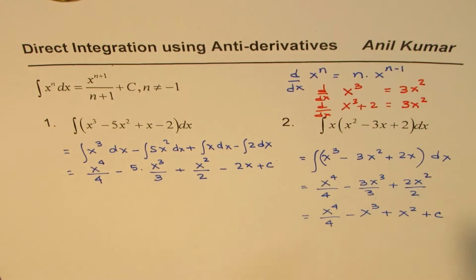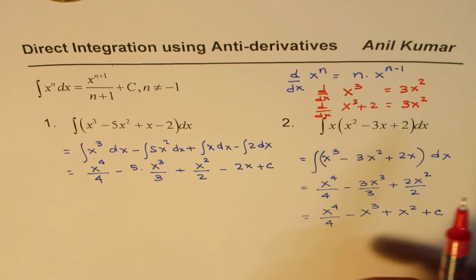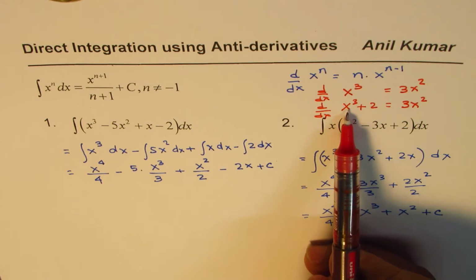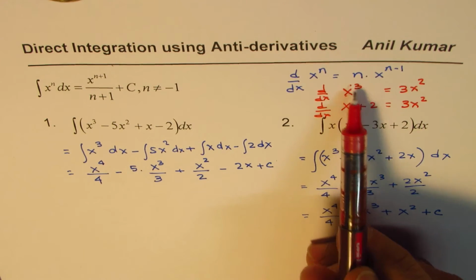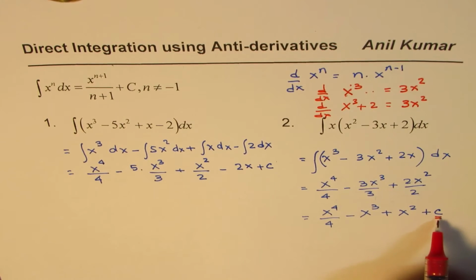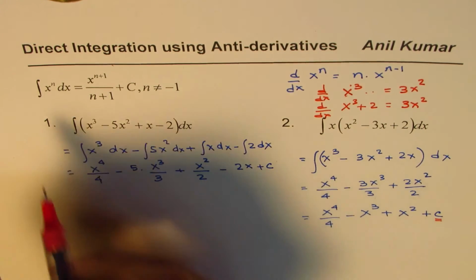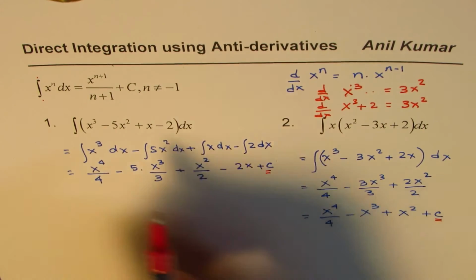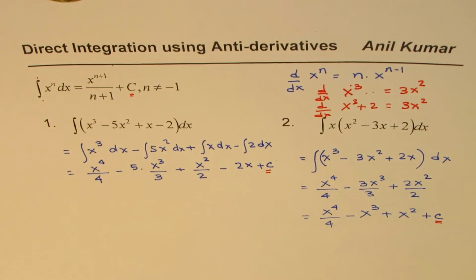Now as you know, if you go back, we have to get the same result, right? So 3x squared, we don't know whether the starting point was x cubed plus 2 or x cubed plus nothing. So to be on the safe side, whenever we integrate, we put this. Whenever the boundary conditions or initial conditions are given, we can always find the value of c. That is the reason why we'll always be adding c. So this c is always to be added for indefinite integrals.